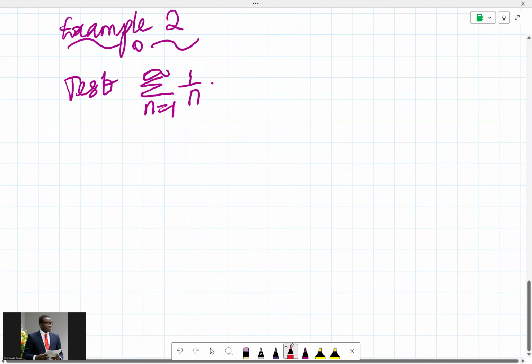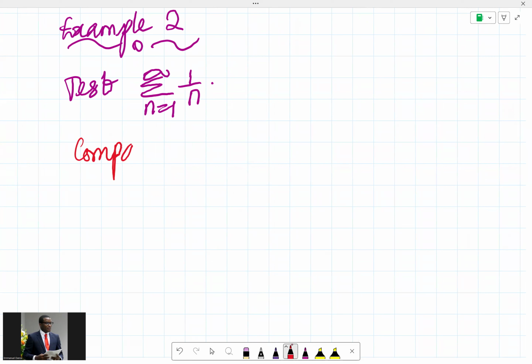So first of all, what is the closest thing we can compare this with? So let's try to compare with the summation from n equals 1 to infinity of 1 over 2n. We can compare it to that series, 1 over 2n. This is more like multiplying the original thing we had by half.